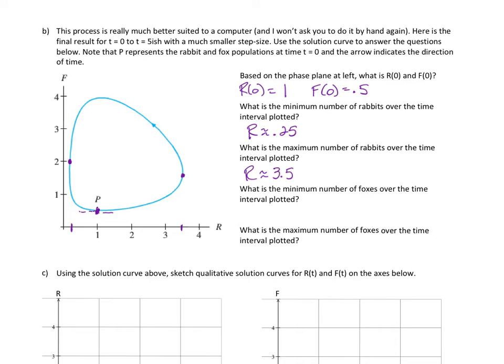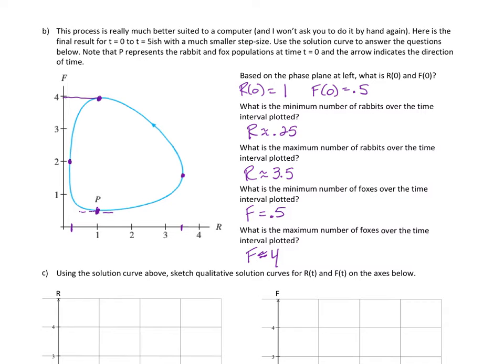So the lowest point for foxes is when it started, which is 0.5. And the maximum number of foxes would be the highest point on the curve, which looks like it's about 4 foxes.